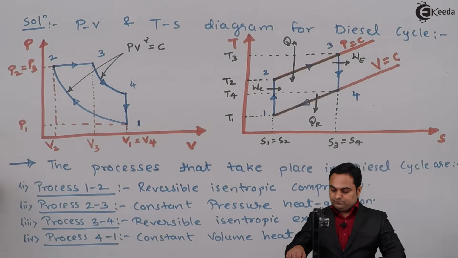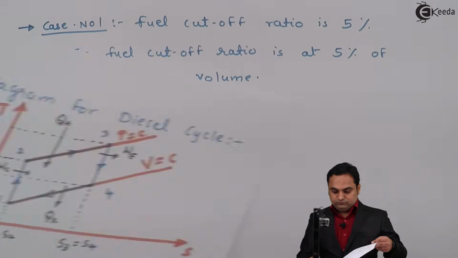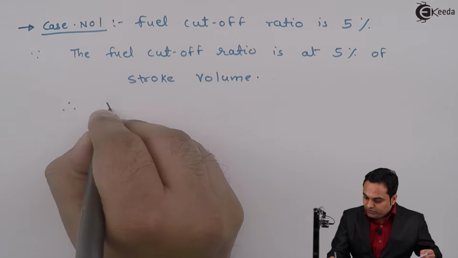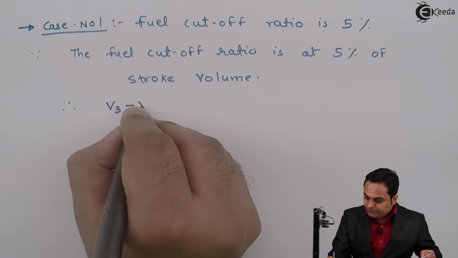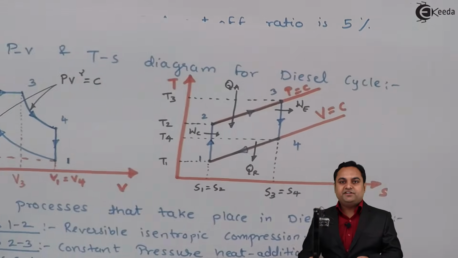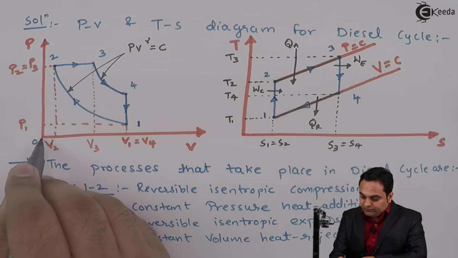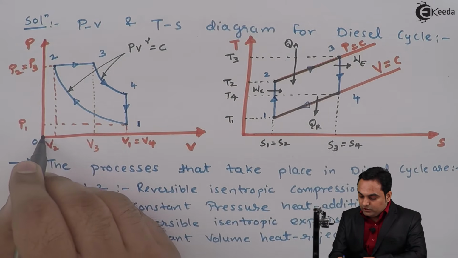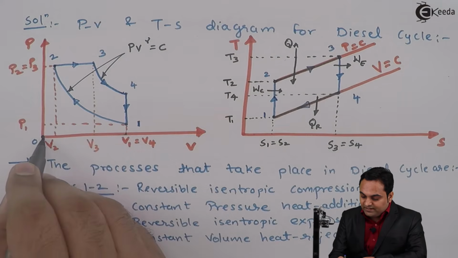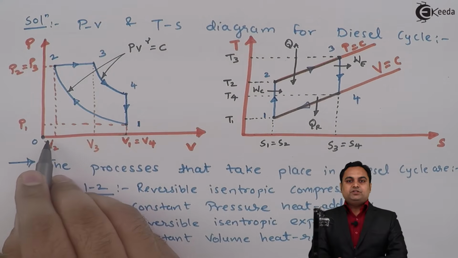So therefore V3 minus V2 is the volume up to which the fuel gets injected, and then the swept volume is V1 minus V2, because V1 is the cylinder volume, V2 is the clearance volume.